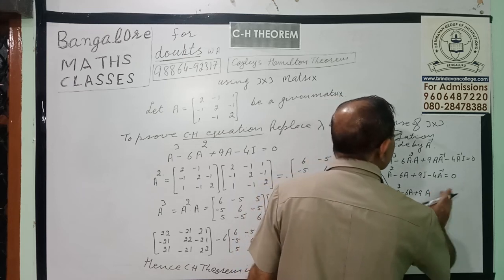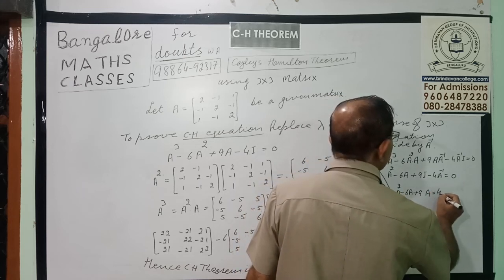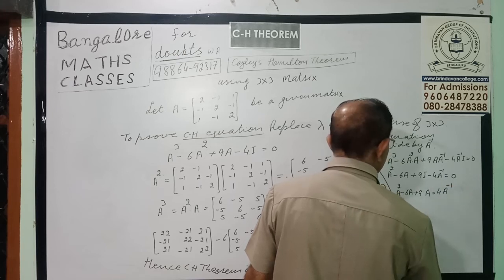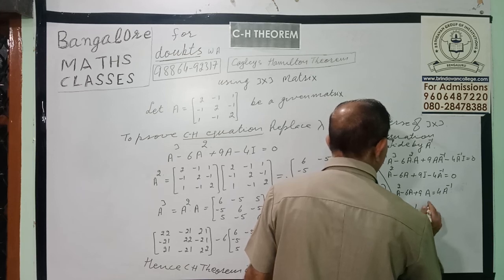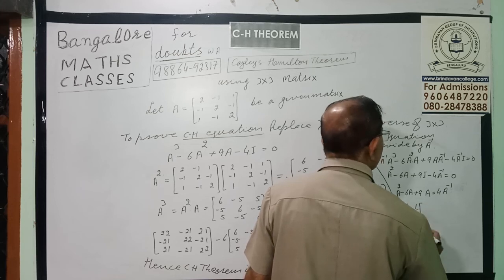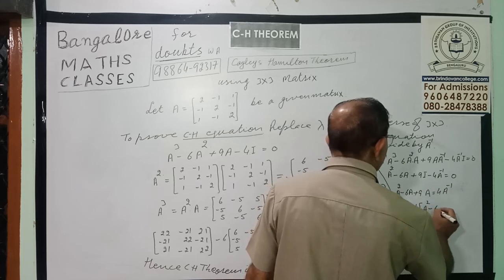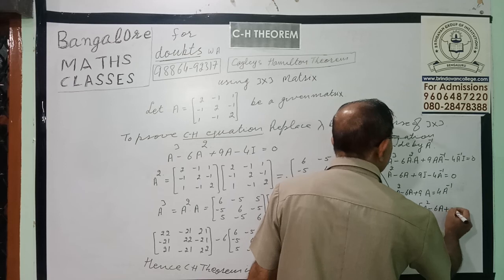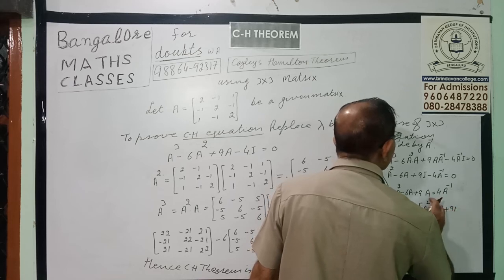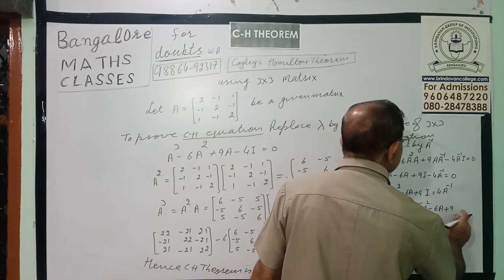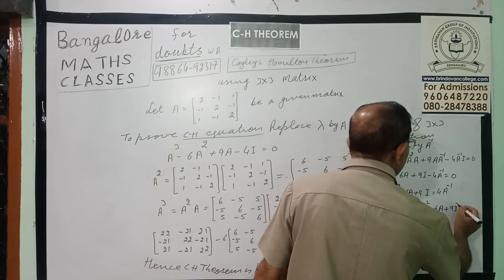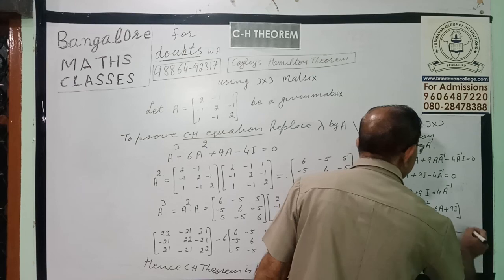So 4A inverse we have transposed. Therefore, A inverse equals 1/4 of A square minus 6A plus 9I. So that will be the inverse.